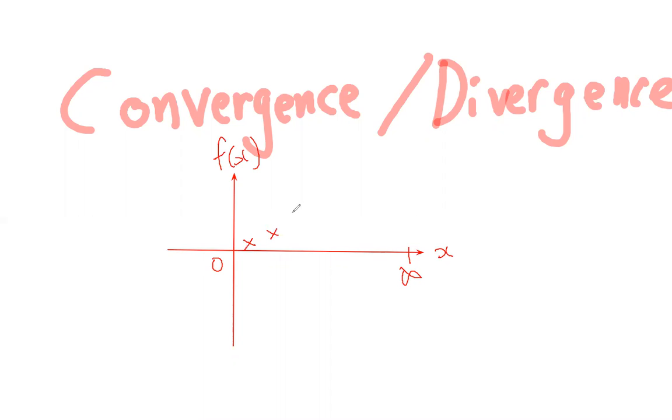It goes up, and up, and up, and gradually levels off here. As you can see, the graph we plot here goes toward infinity and settles at this point. Let's say this is L. So we say this function is convergent.